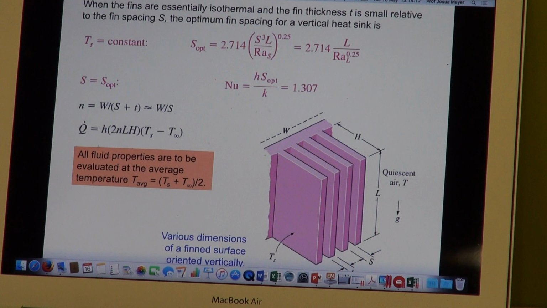You can calculate what should be the optimum distance between the fins, and there you can see the equation for it, and you will also see that the Nusselt number would then be equal to 1.3. What does 1.3 mean? It means that the heat transfer would be 30% more than that of conduction heat transfer only. So you score 30%.